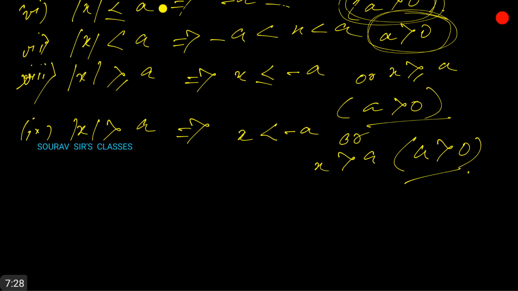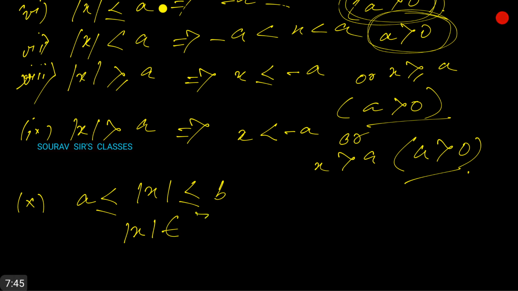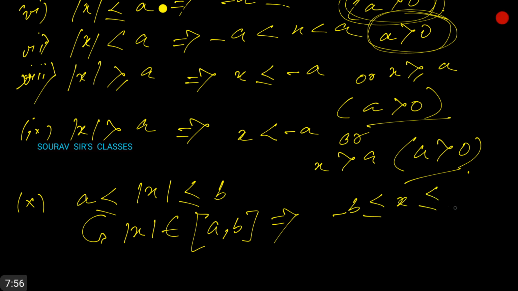Okay, so this is number 10. Number 10 states that if modulus of x lies between a comma b, this implies that x lies between minus b and minus a, or x lies between a and b.